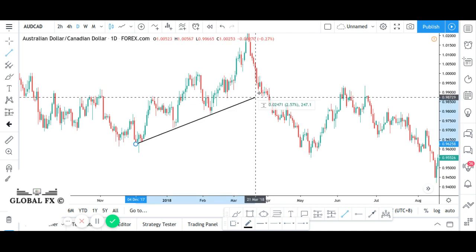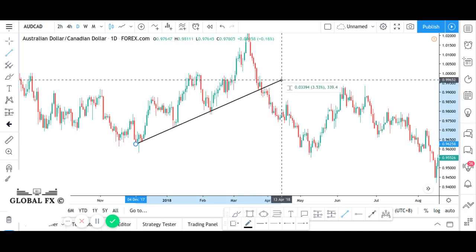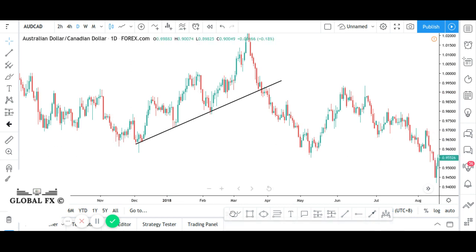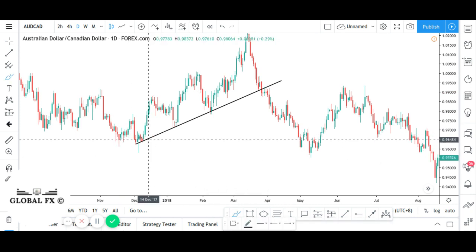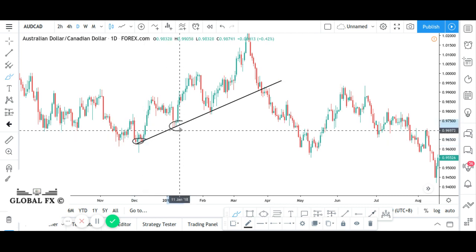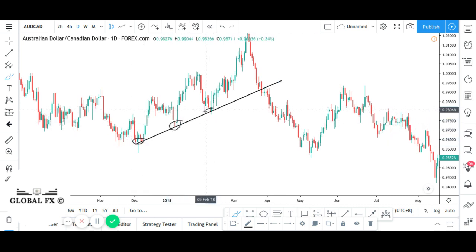Remember, I told you guys don't cut your candles. So we have a very nice touch on the lowest low. We have another 3 touches there, and then we have another touch over here.